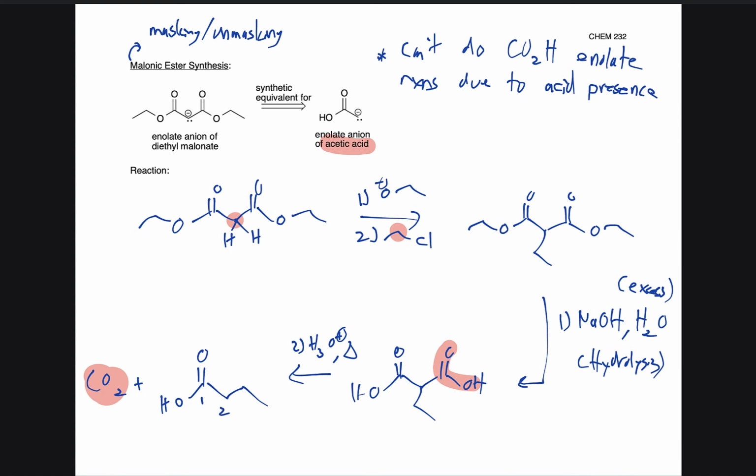Right, and again, we can see our 1, 2, 3, 4 carbons here, 1, 2, 3, 4 carbons here, with that leaving group, which will be CO2 after this sort of rearrangement happens. We get to the final carboxylic acid, right?